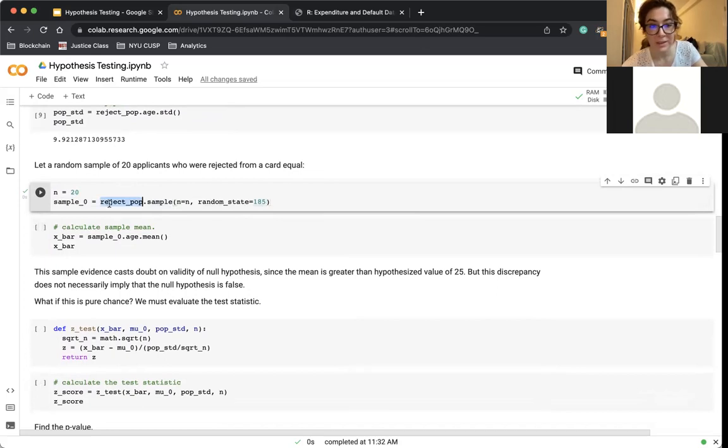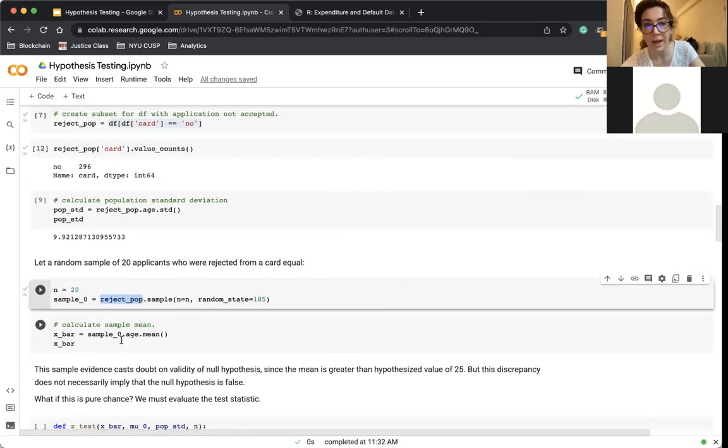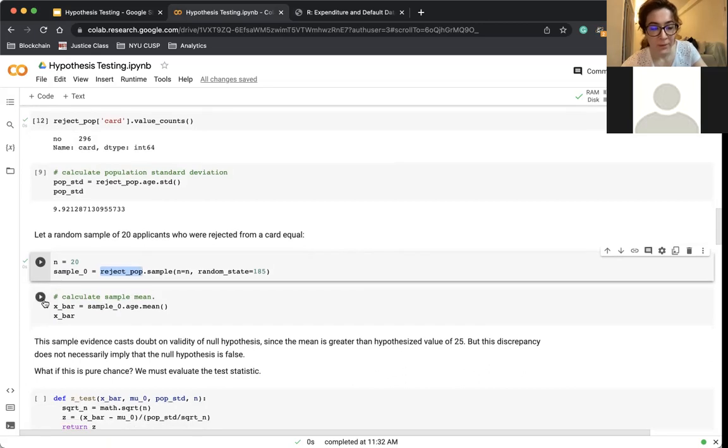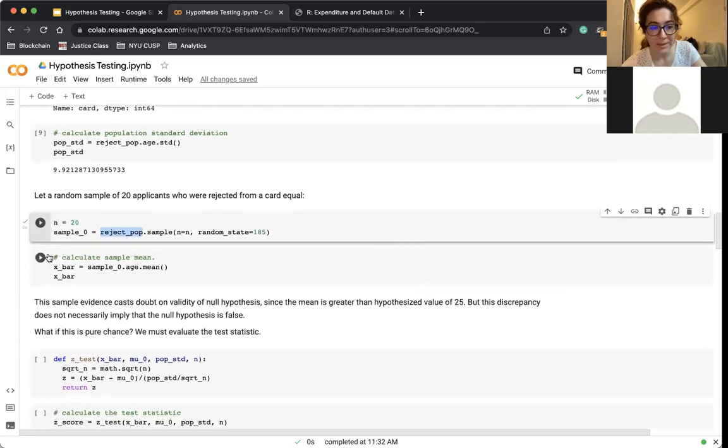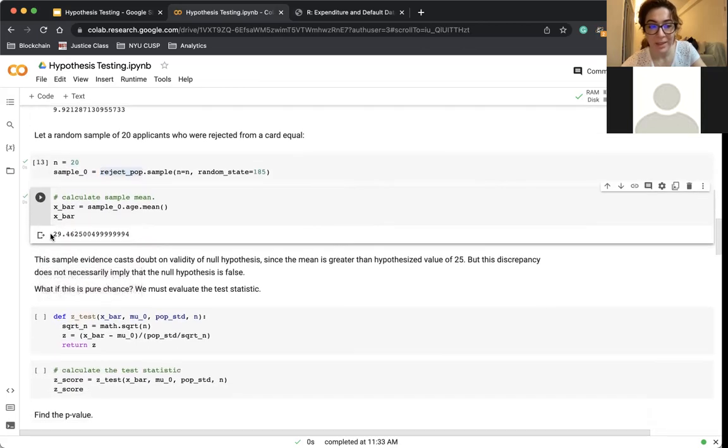And I'm only taking this from our subset we created of folks who were rejected from a credit card application. So we will calculate the sample mean, or our X bar, and the sample mean is just about 30.